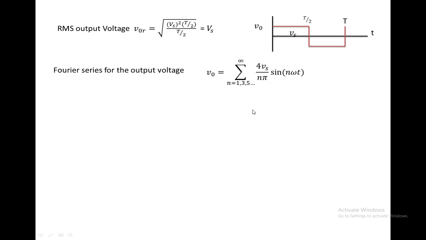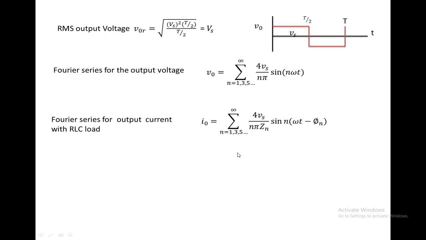For an RLC circuit, if you apply this voltage, then we get this current waveform. If you write the Fourier series for the current, i0 equals the sum over n equal to 1, 3, 5 up to infinity of 4 Vs divided by n pi Zn times sin of n omega t minus phi n, where n is the order of the harmonics.